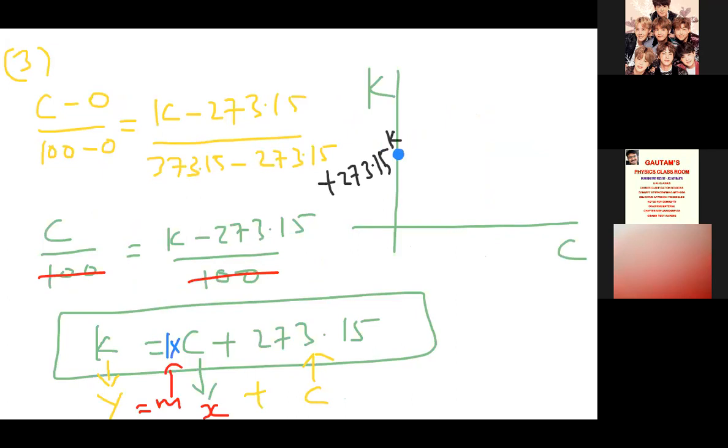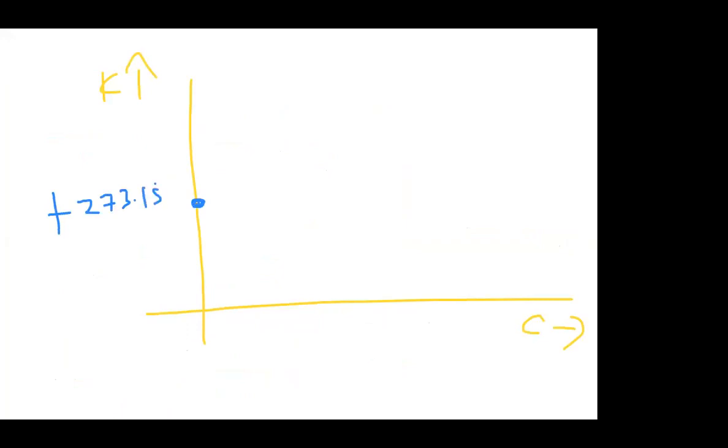It is taken on y-axis, so I have to write Kelvin. The graph which you have to plot here has to pass through the plus 273.15 straight line, like this. Let me take a fresh page and write this graph here. So observe carefully now. I'm drawing the graph for K on y-axis and C on x-axis, and the y-intercept is a plus 273.15 Kelvin.